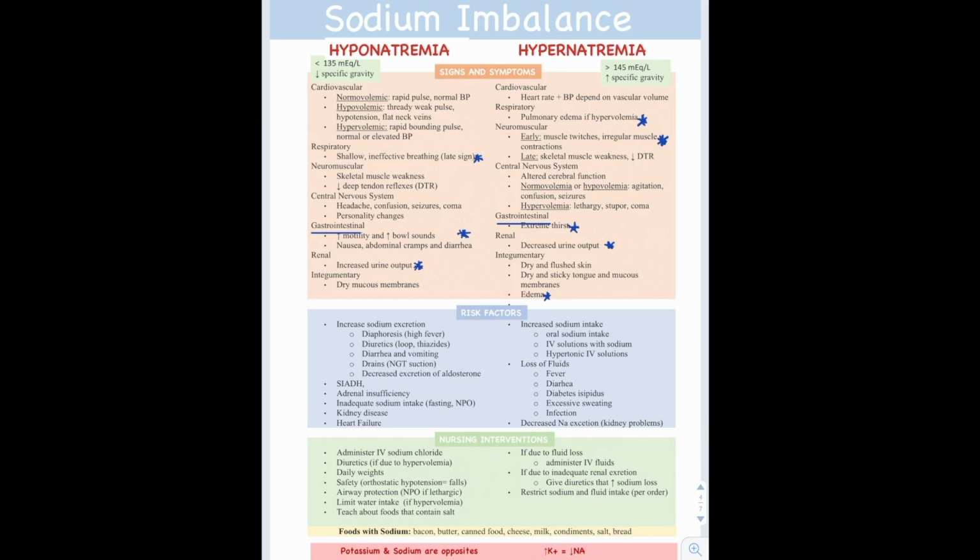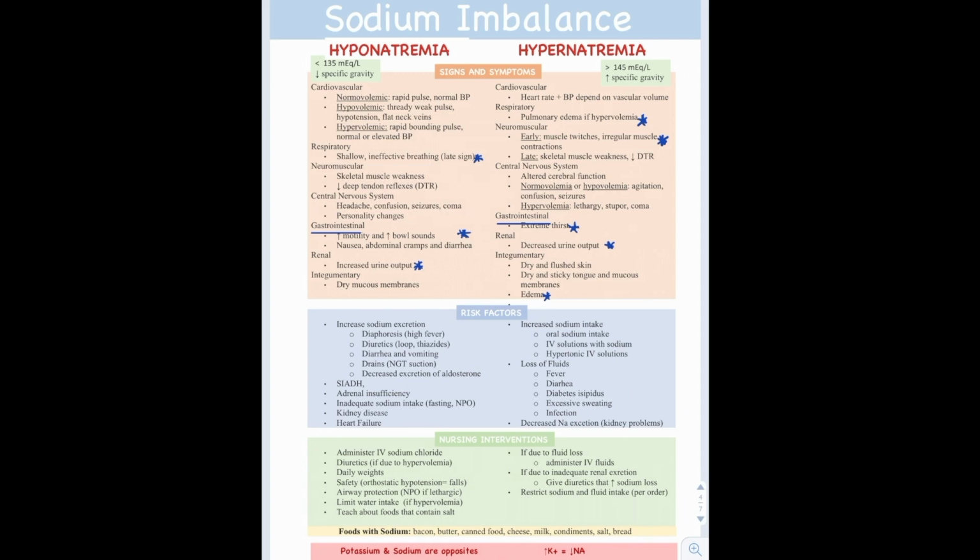When it comes to risk factors of hypernatremia, could be increased sodium intake, oral sodium intake, IV fluids with sodium, hypertonic IV solutions, or loss of fluids through fever, diarrhea, diabetes insipidus, excessive sweating, and infection.